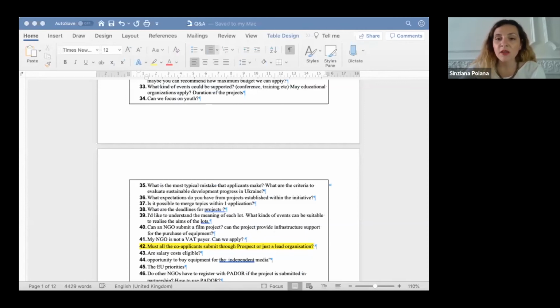We have a non-exhaustive list of types of actions and things that we can cover with our funding, but this is, again, not exhaustive, so please do not see it as a limitation. The most important is, can you justify that your project fits with the priorities of the call and of the lot.